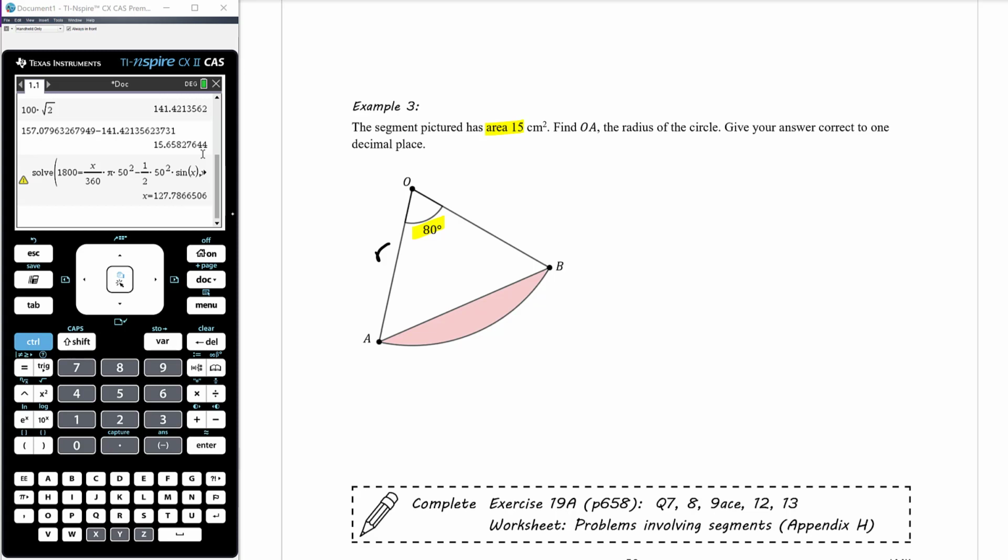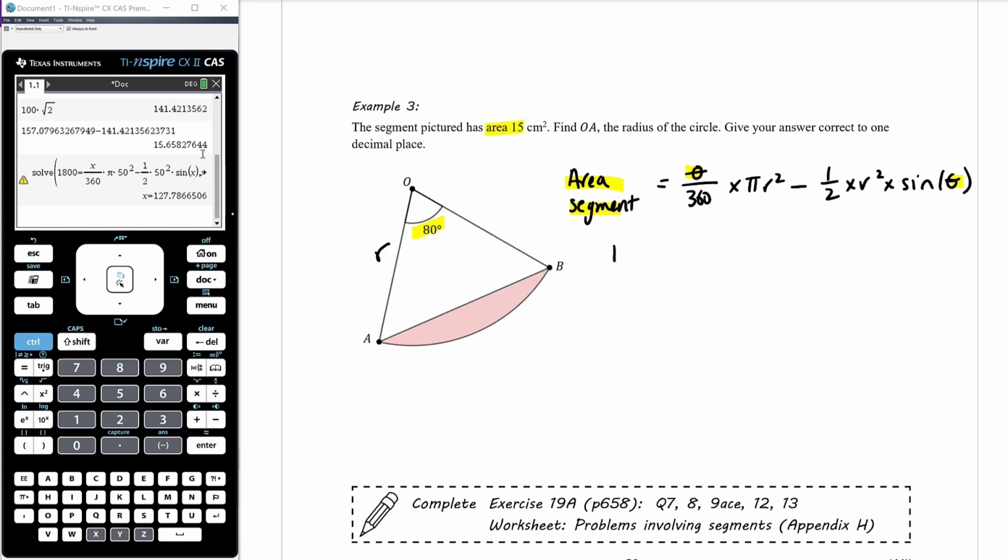Again, thinking about our formula, we know that the area of the segment is going to be the area of the sector, which is the angle over 360 times pi r squared, minus the area of a triangle, which is half times r squared times sine of the angle. This time we don't know the radius, my apologies, we know the angle and the area, and so we can put that information in.